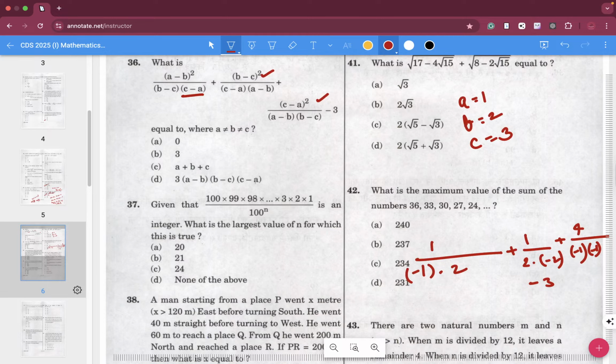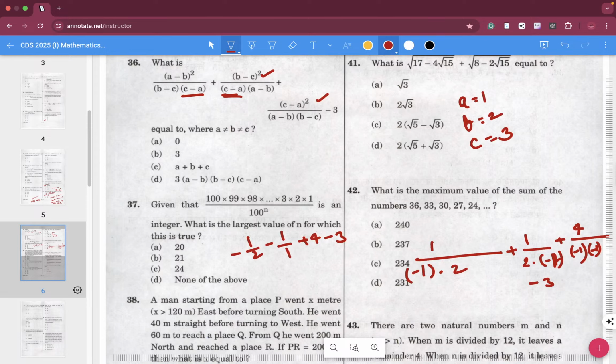So on the left hand side you have minus of half, then minus of 1 by 4, then plus 4, minus 3. Is that what we have? Checking the first term: (a minus b) whole square, b minus c is minus 1, c minus a is 2, and a minus b is minus 1, so this value will be 1.